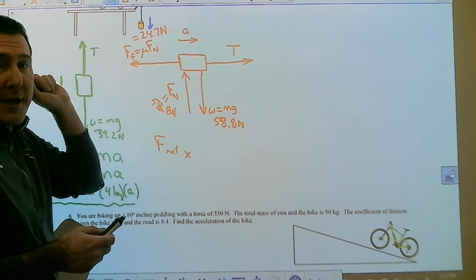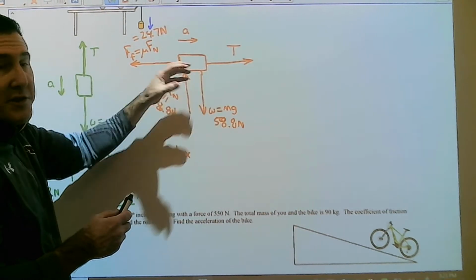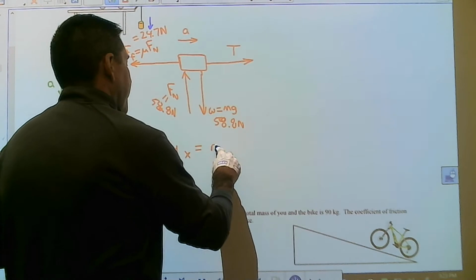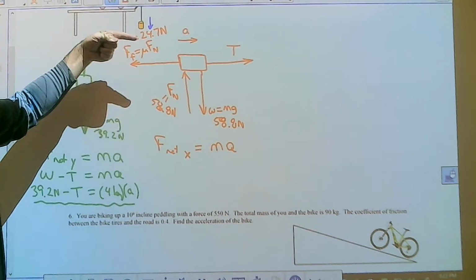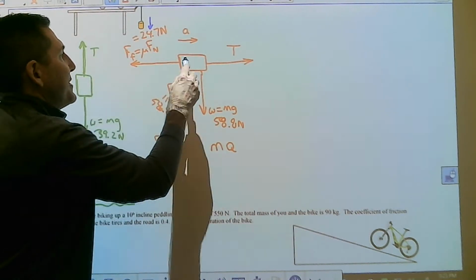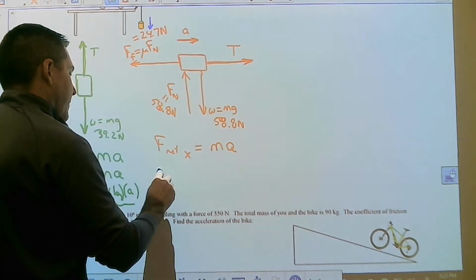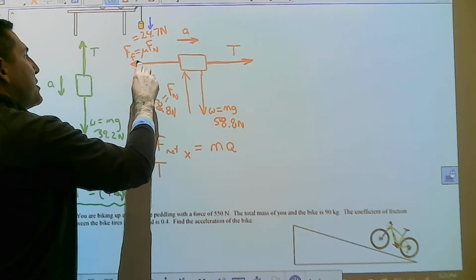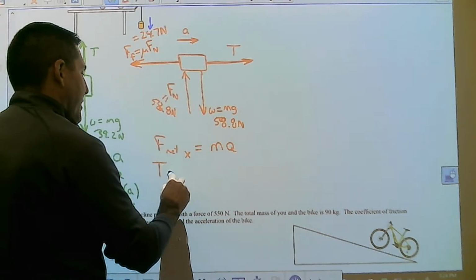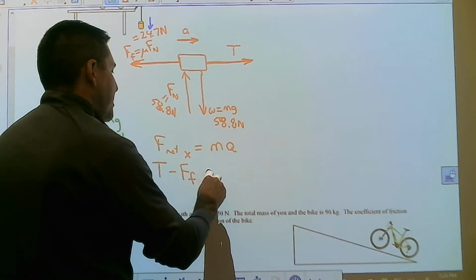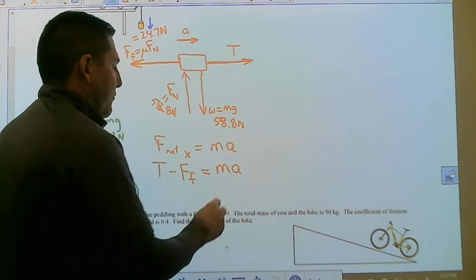I only care about the horizontal x forces. I don't care about the y forces anymore. Since it's moving to the right, notice that tension is in the direction it's moving, and friction is in the opposite direction. So tension is positive, friction is negative.